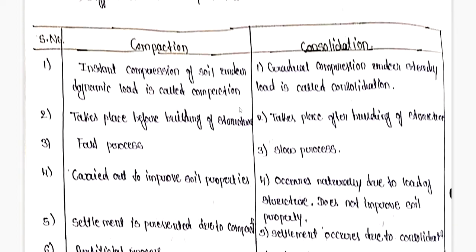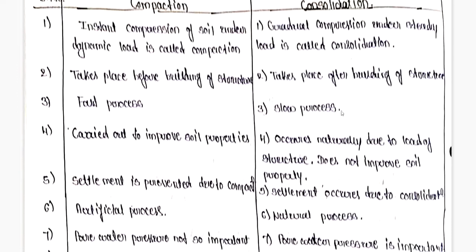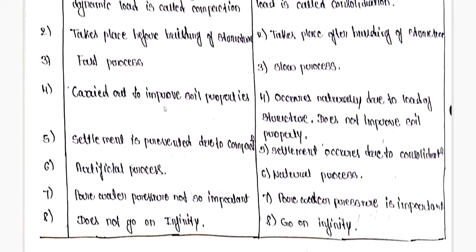And after construction, whatever gradual process of compression is there is called consolidation. Compaction is a fast process, consolidation is a slow process.